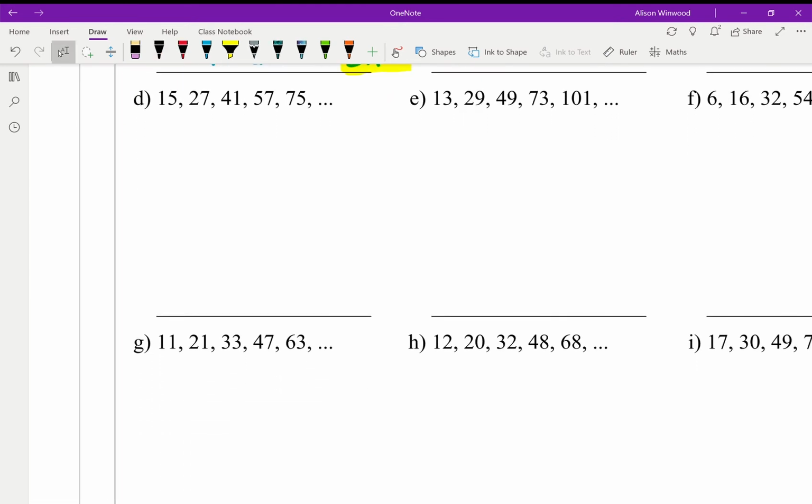So we start off by saying, what's the sequence going up by? So 12, 14, 16, 18, and we look at those numbers and say, what are they going up by? Which is 2 every time.